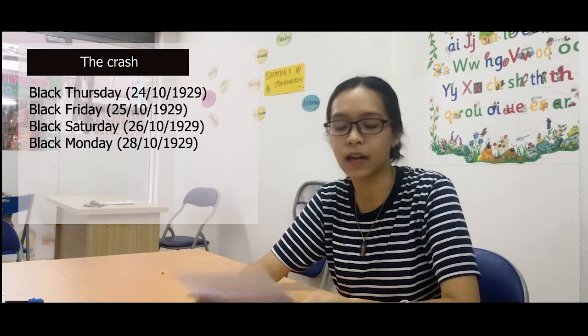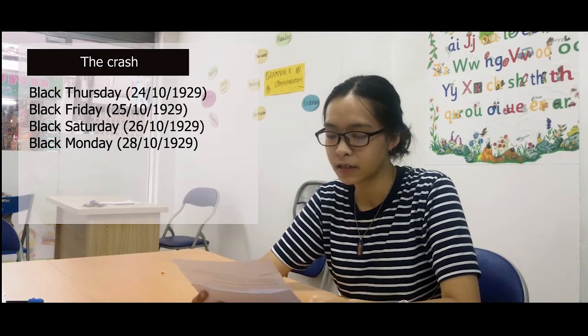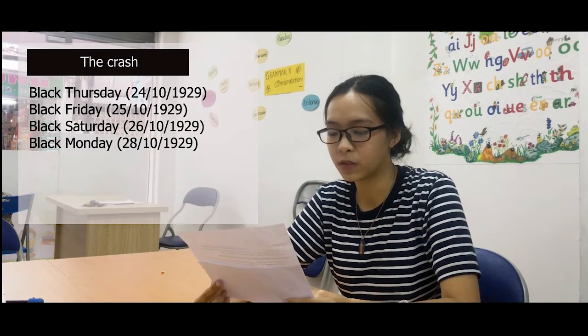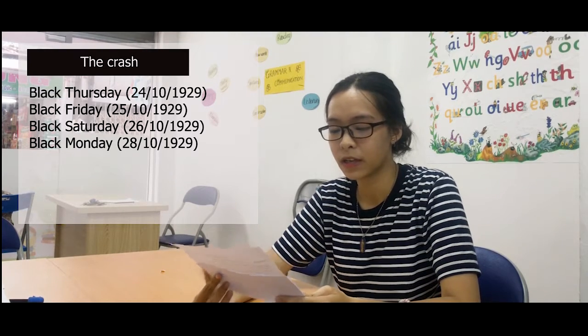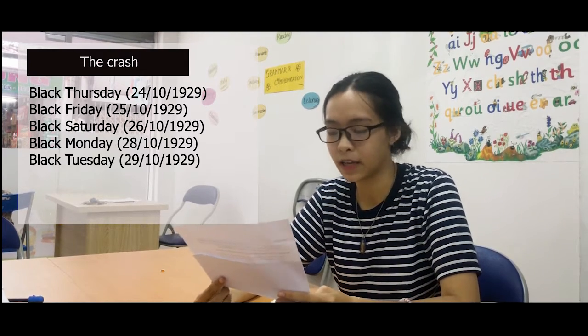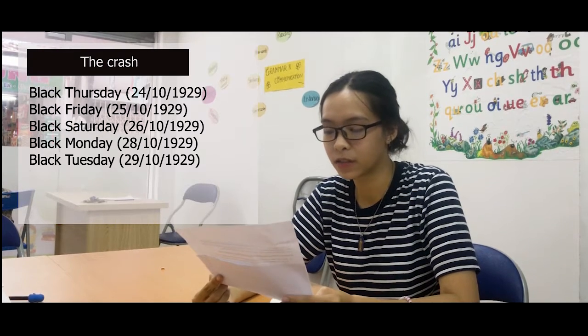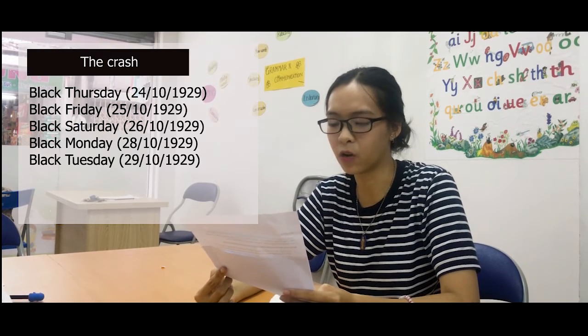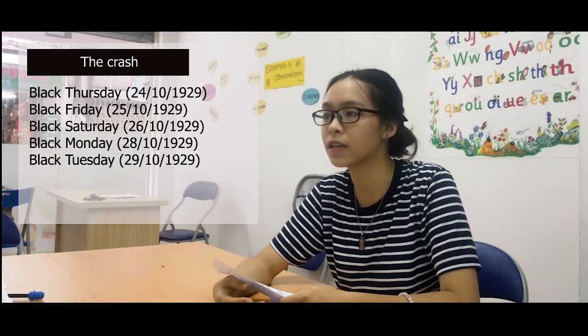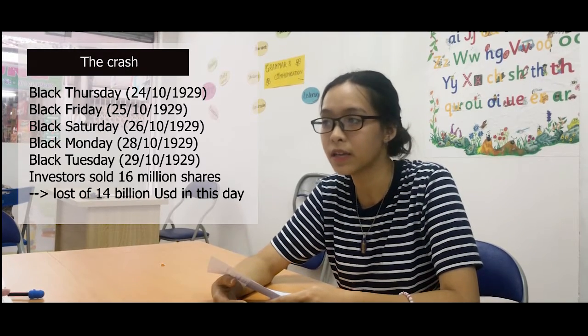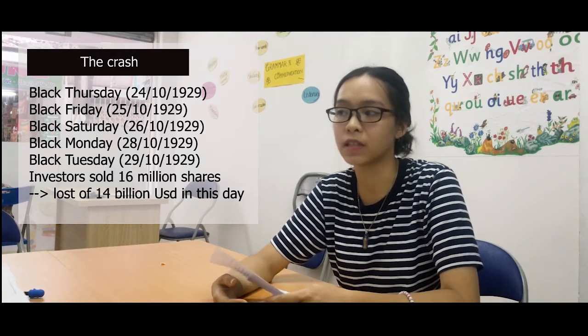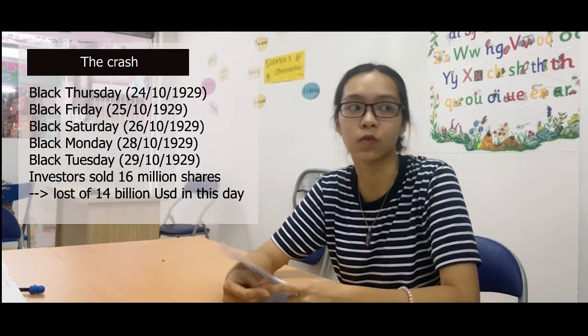On Black Monday, October 28th, the Dow fell 30% to 260.64, and the next day was Black Tuesday. The Dow fell 12% to 230.07, and panicked investors sold 16 million shares, creating a loss of $14 million in this day alone. And so that is the end of my part.